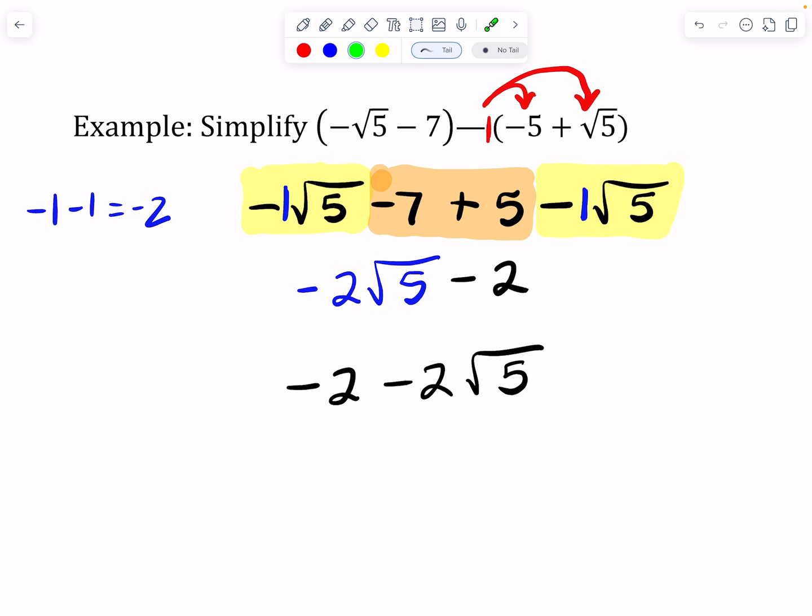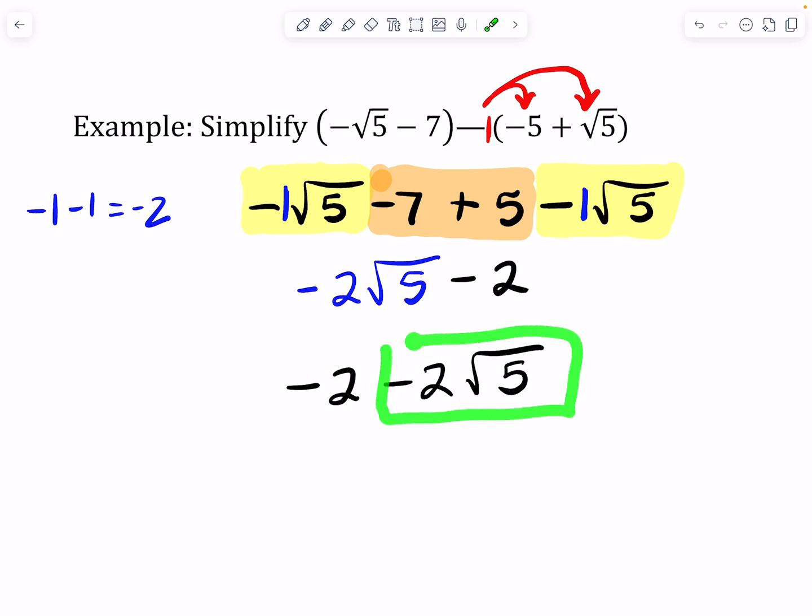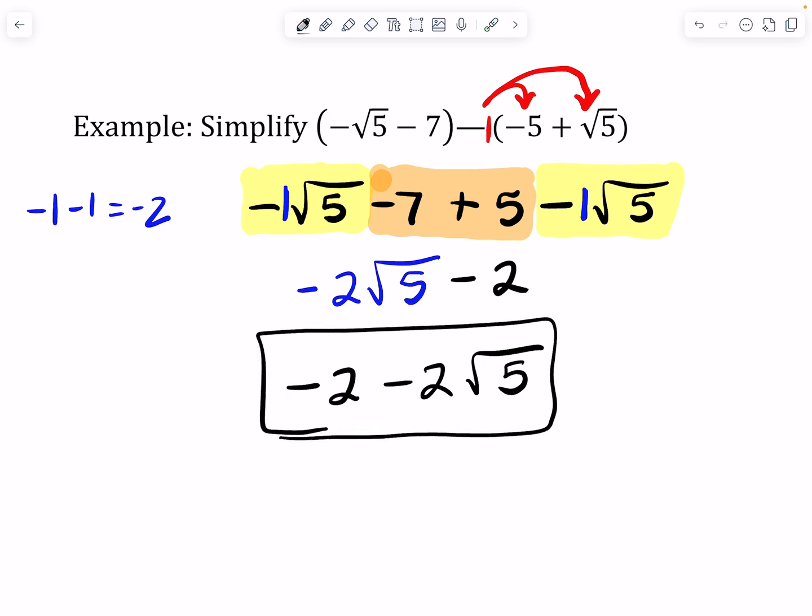That way, it's very clear that your radical stops here at the 5. Now, don't make the mistake of trying to add and subtract these 2 numbers in front. They're not like terms. This is one term, it has the square root of 5. This is the other term, it does not have the square root of 5. So we are finished here.